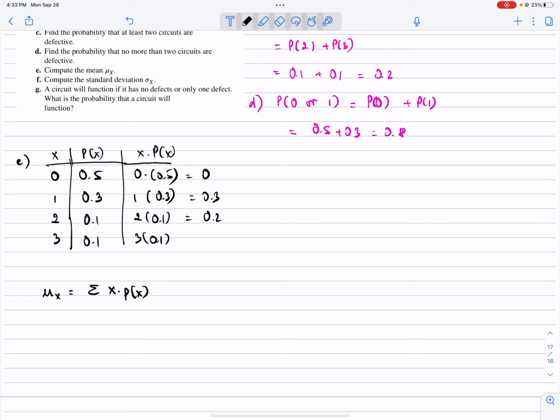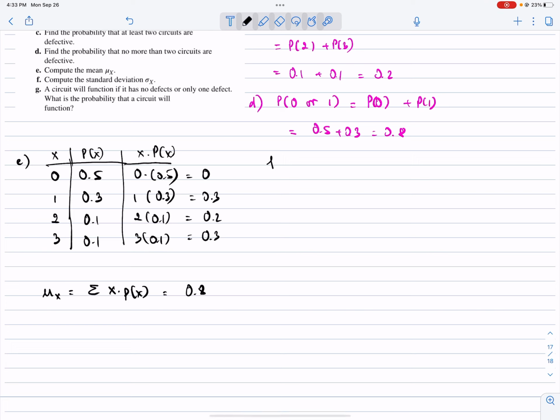Now let's go ahead and multiply the numbers. After we do the multiplication, we add them up, and it's equal to 0.8.